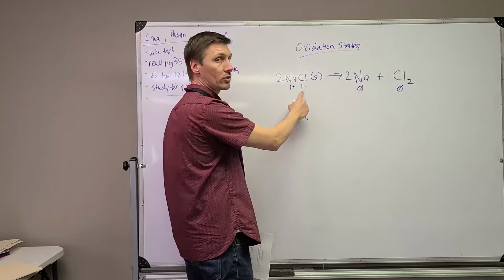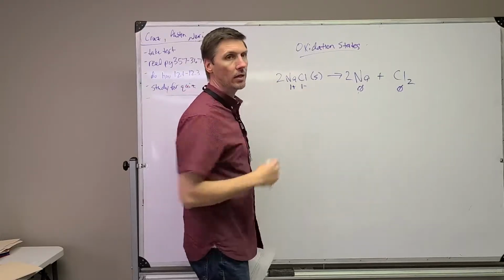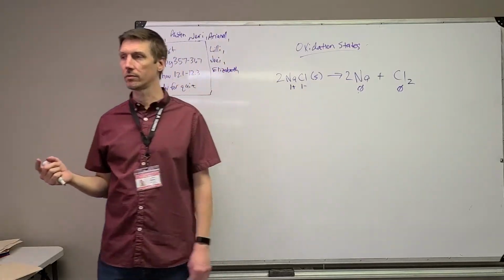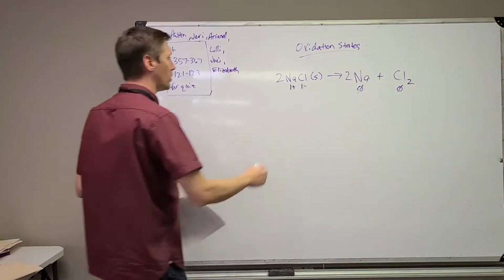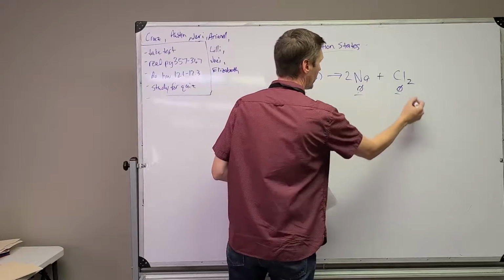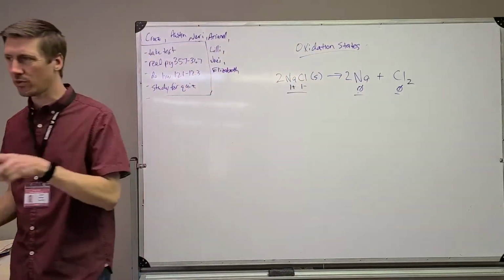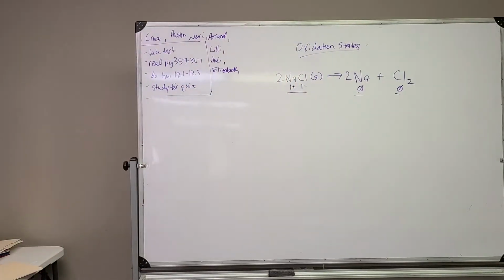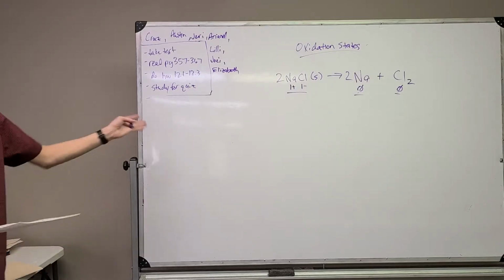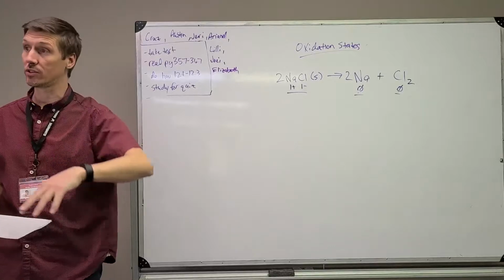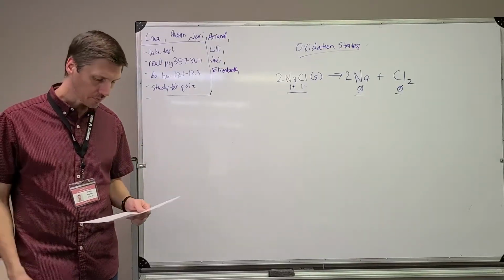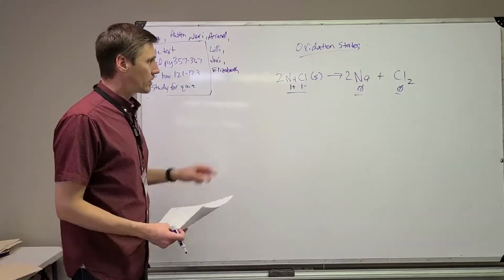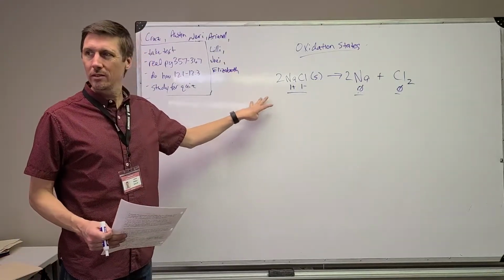This one lost an electron because it became more positive. It went from -1 to 0, right? And these numbers down here are what we refer to as the oxidation states. That's the oxidation states for the individual elements in the reaction. And these oxidation states will change from one side of the chemical equation to the other if it's what we call a redox reaction, a reduction oxidation reaction. Okay? Now does that make sense to everybody?